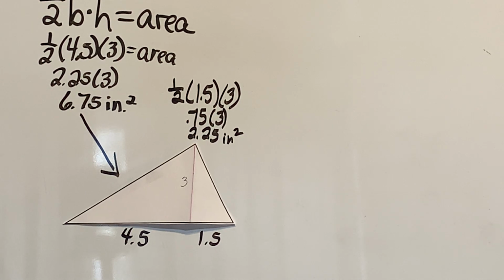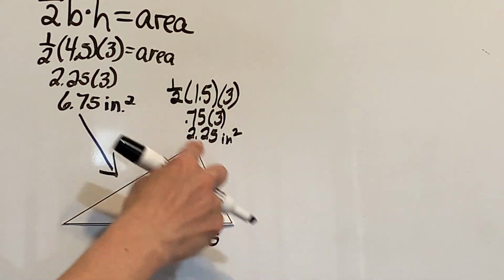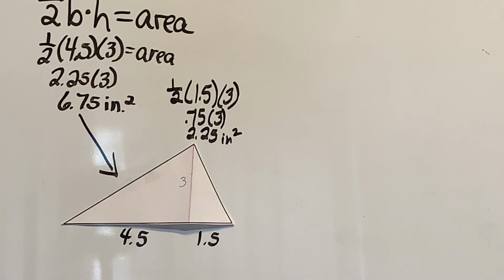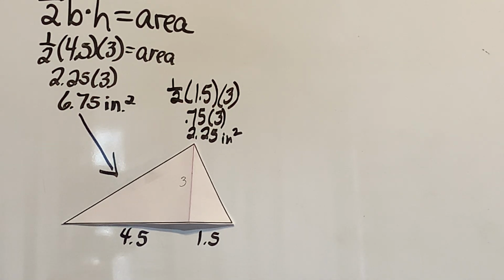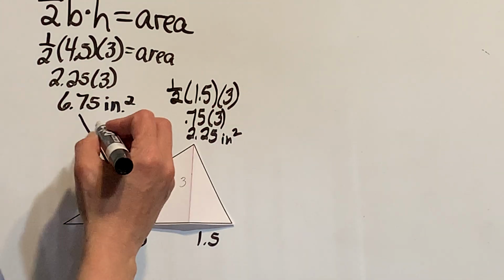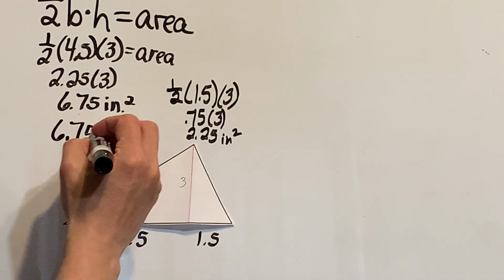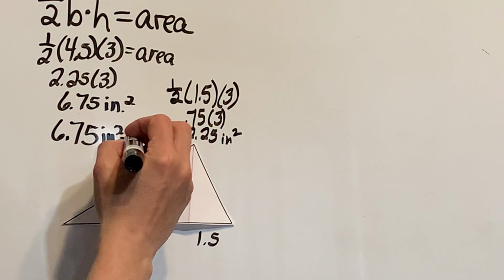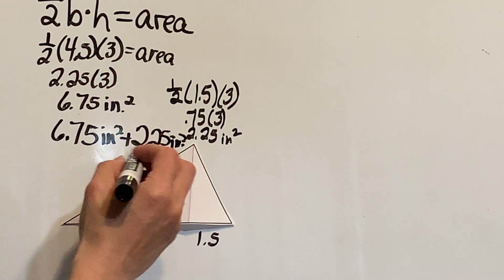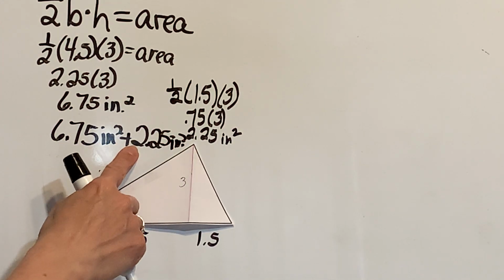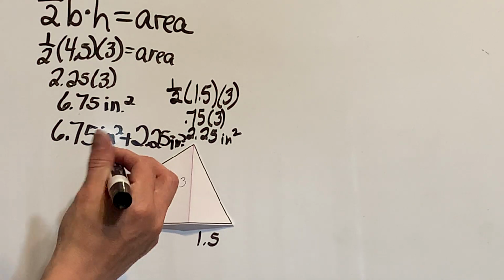All right, so now I have found the area of this right triangle and this right triangle. I have not yet found the area for the whole thing. So in order to do that, I'm going to have to add them together. So I'm going to have to add 6.75 inches squared plus 2.25 inches squared, which is going to give me a total of, now I've got 6 plus 2 is 8. 75 cents plus 25 cents is another dollar, which would be 9.